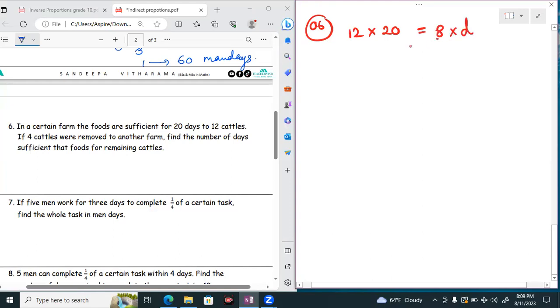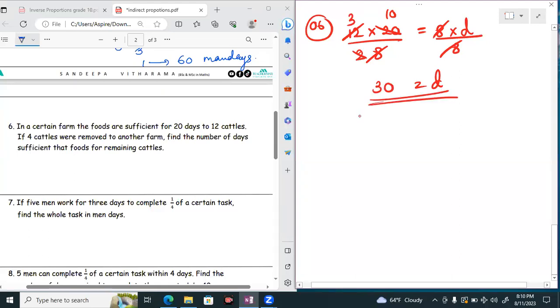Then for how many days? Divide by 8. 12 divided by 4, it is 3. 8 divided by 4, it's 2. 20 divided by 2, it's 10. 3 into 10, it is 30. Okay? For 30 days.